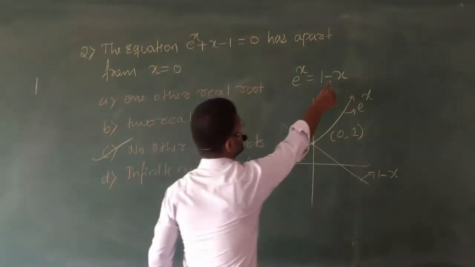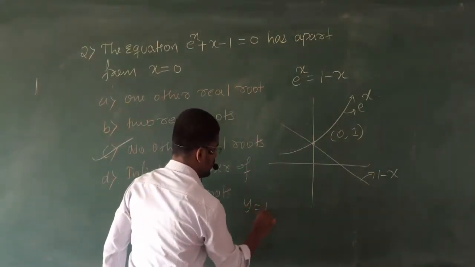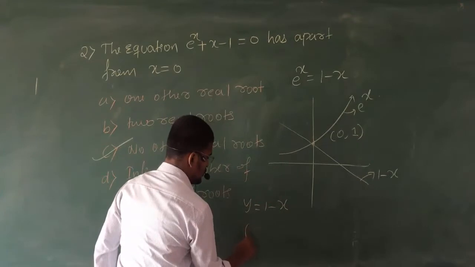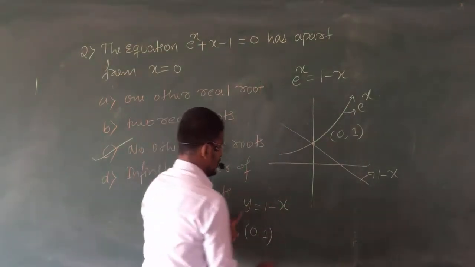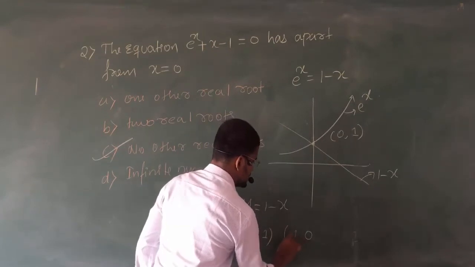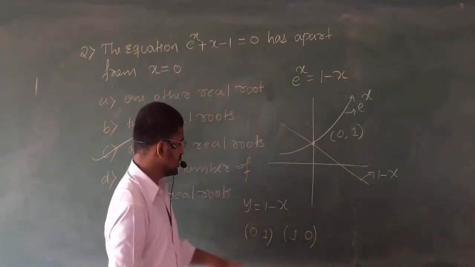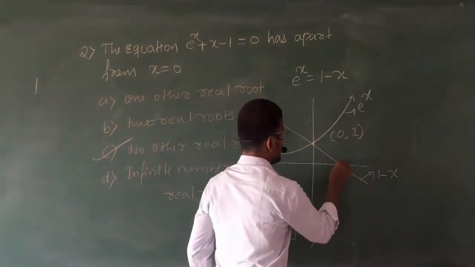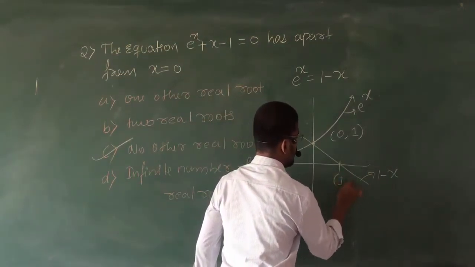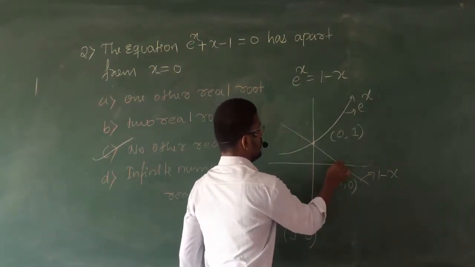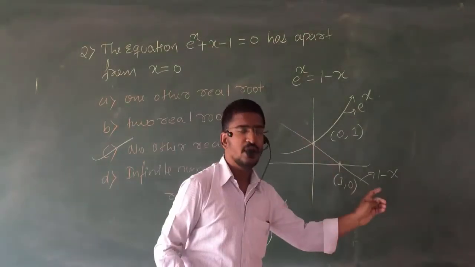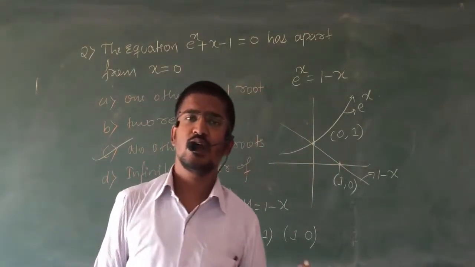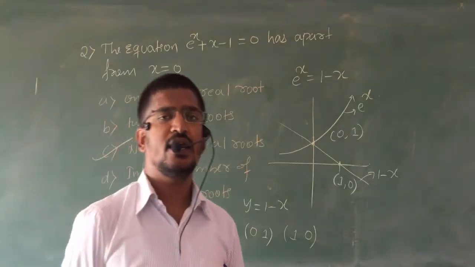Before solving this, see here y equal to 1 minus x. If x is 0, y will be 1. If y is 0, x will be 1. That means 0, 1 and this will be 1, 0. So if I draw a line like this, it will be slope intercept form from the second quadrant to the fourth quadrant. Clear?